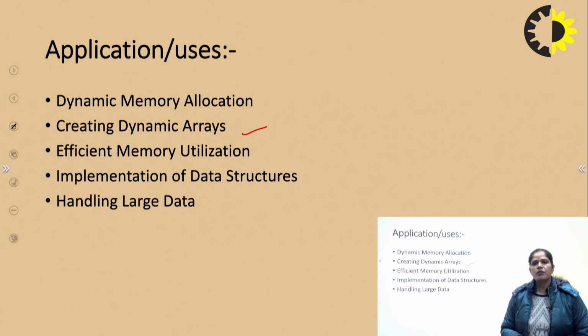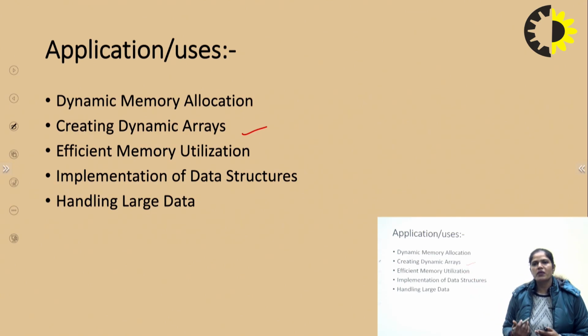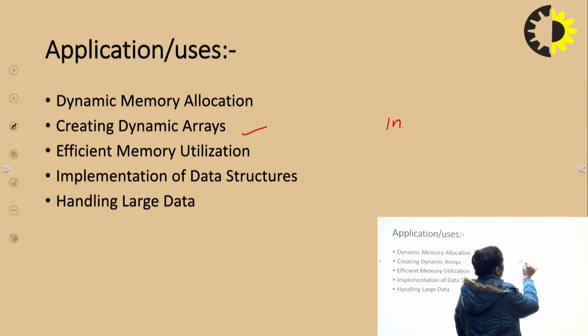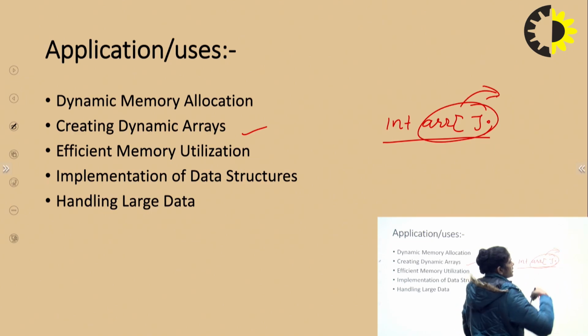If I am talking about array implementation, there is a drawback: it is considered a static type of initialization, because in advance we have to mention the size of the array. In the C language, for example, if I declare an array like this, this syntax is not supported by the C language.